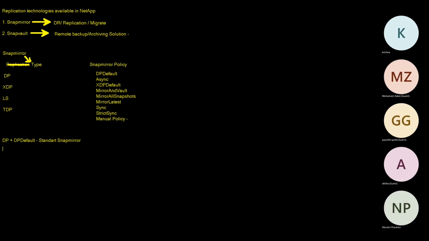Now, if I'm mixing XDP snap mirror type with mirror all snapshots or mirror latest, all these policy types, then it will be version flexible snap mirror.